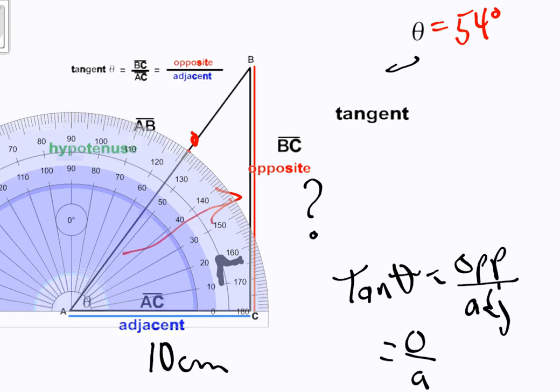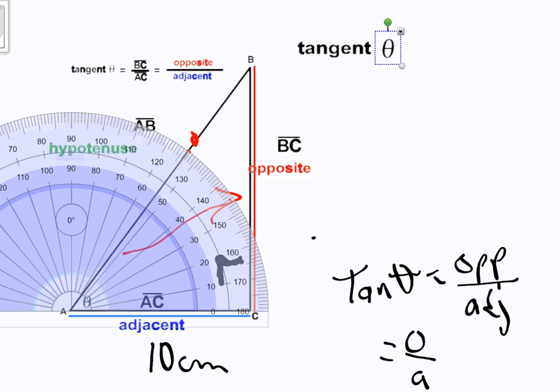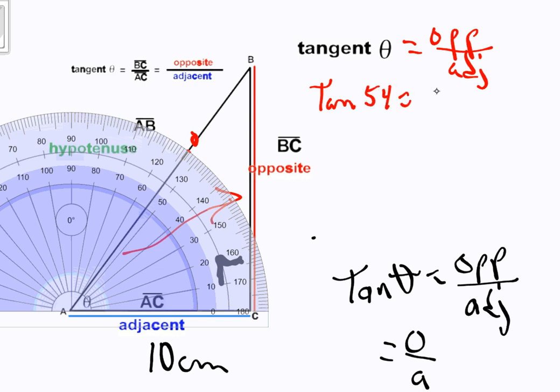Let's see what that looks like over here. I'm going to make a little bit of room here. We say that the tangent of theta is equal to opposite over adjacent. I don't know what my opposite is, but I don't have to use theta anymore because I know it's 54 degrees, and I know that tan is 1.374.